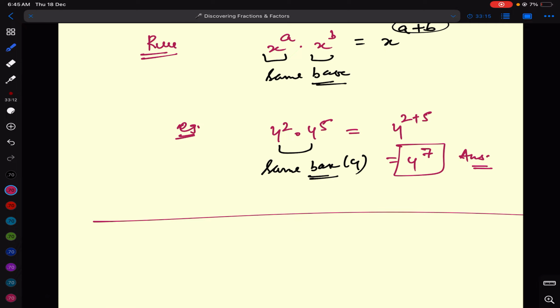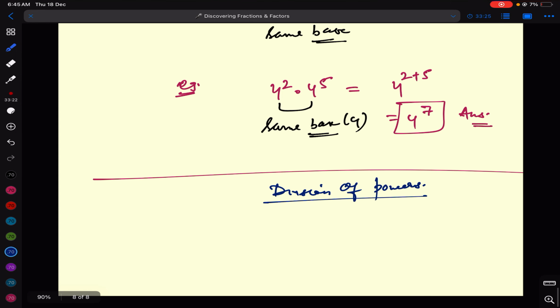Similarly we are going to do the same in the case of division. So next will be division of powers. Here again the same condition holds, which is we need to have the same base. Then only we can divide the powers.